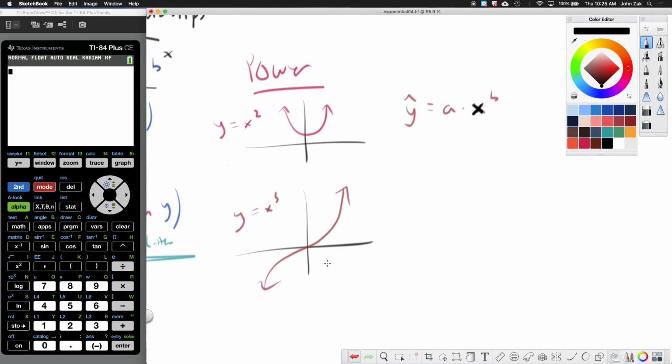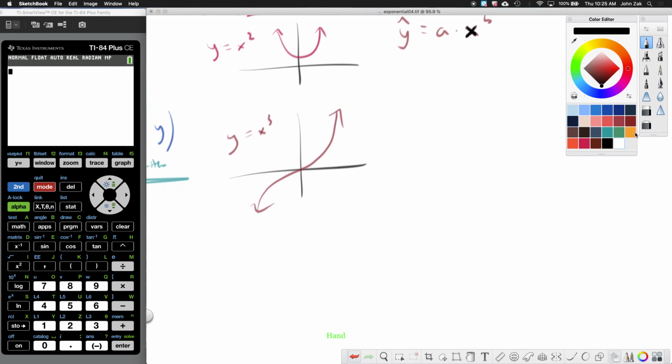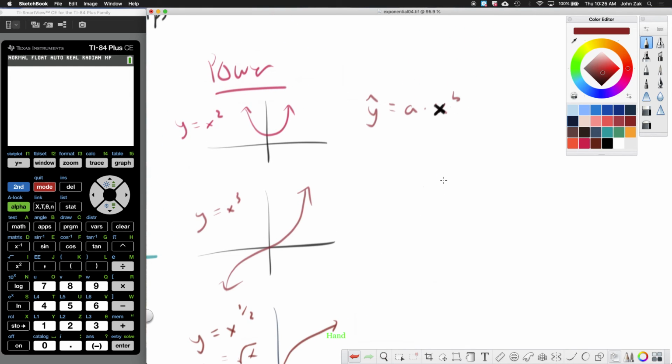So these power curves can vary depending on whether they're even or odd functions, but you can also have rational exponents for b, right? So even if you had this one and you were to graph it, this would be y equals x to the half power, which is really the same thing as the square root of x. The square root of x is also a kind of power function, right? And so rational exponents can also be used here to model stuff.